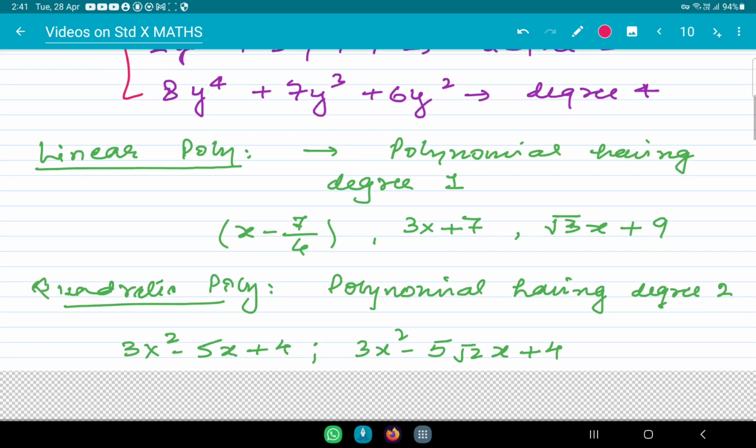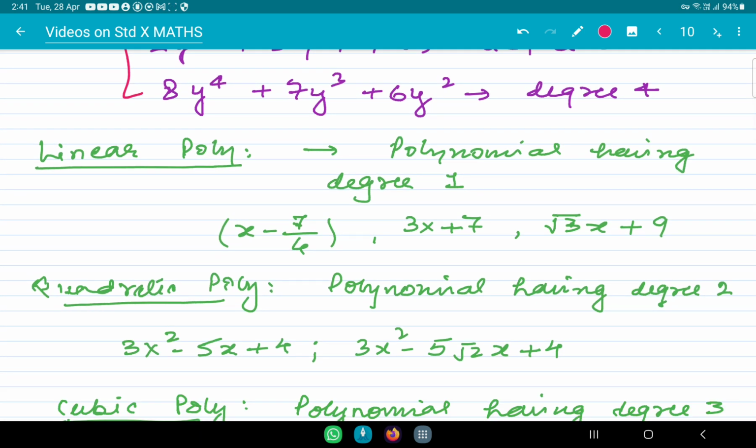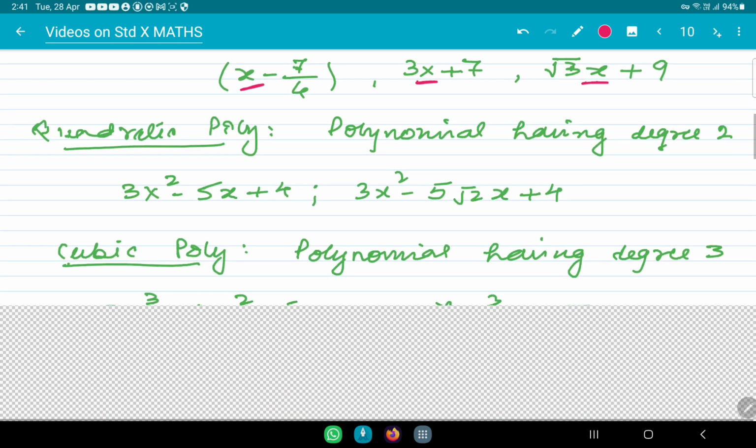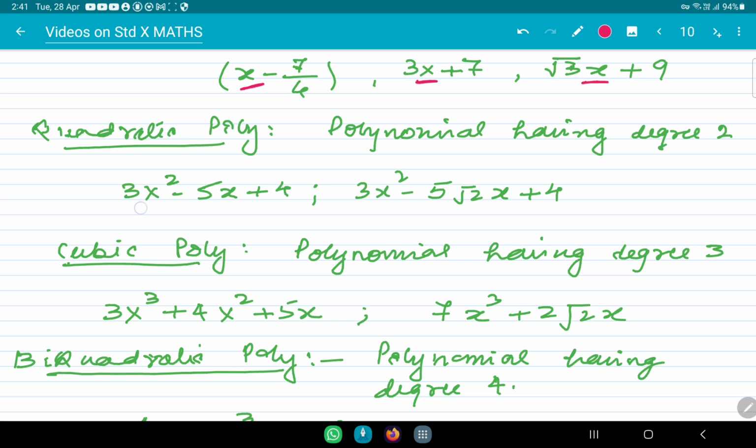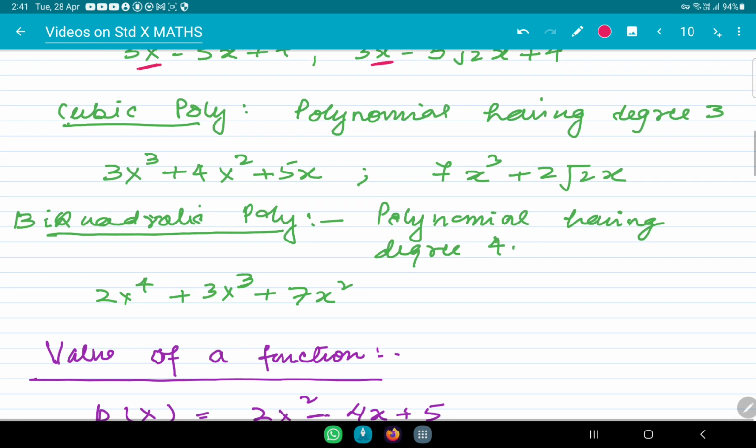Now we are seeing different types of polynomials based on degree. If it is degree 1, it is known as a linear polynomial. Every time here you will see that the power of the variable is 1. If it is a quadratic polynomial, the maximum power of the variable is 2. If it is cubic, the maximum power of the variable will be 3.